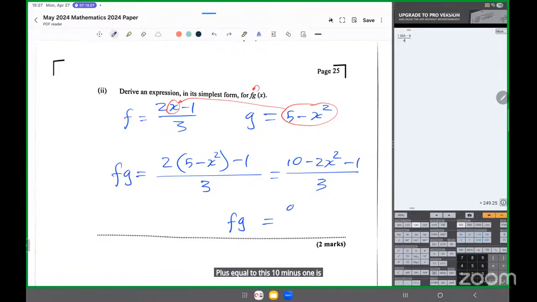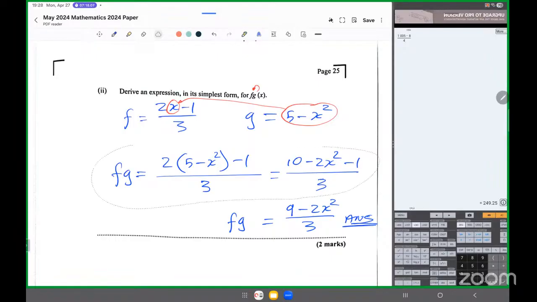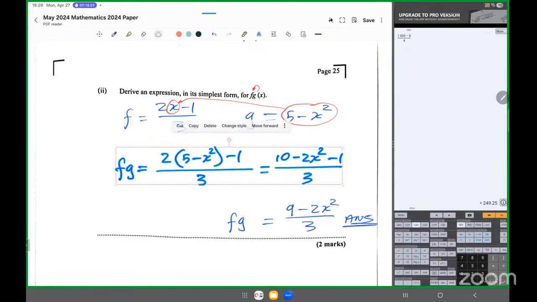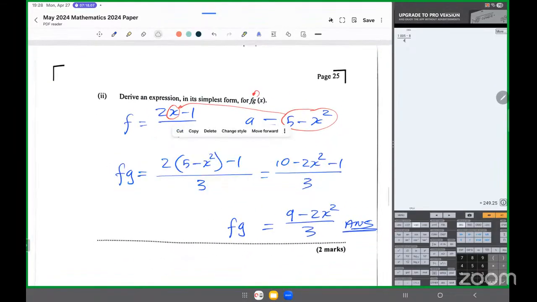So it becomes 9 minus 2x squared over 3. And that is the answer, right? Can't leave it like that. Very good. That is it.